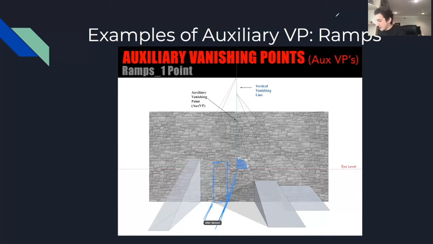The next step is to place a new auxiliary vanishing point above, 90 degrees from the vanishing point. Right in the same area of the vanishing point is where we can determine where the auxiliary vanishing point is, so we can create the edges that we want to make.